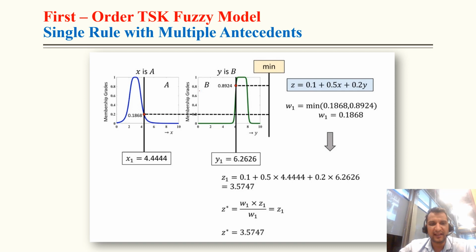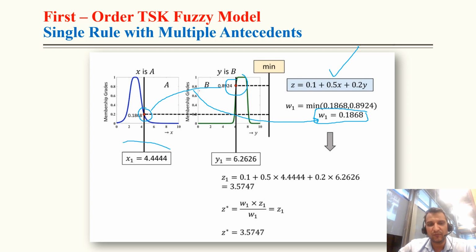So now when x is equal to 4.4, the degree of compatibility is equal to this one. When y is equal to this one, the degree of compatibility is equal to this one. So out of these two values, we have to consider the minimum value, and the minimum value is equal to 0.1868. So this is our W1. But this is the value which is known to us, 0.1 plus 0.5x plus 0.2y.